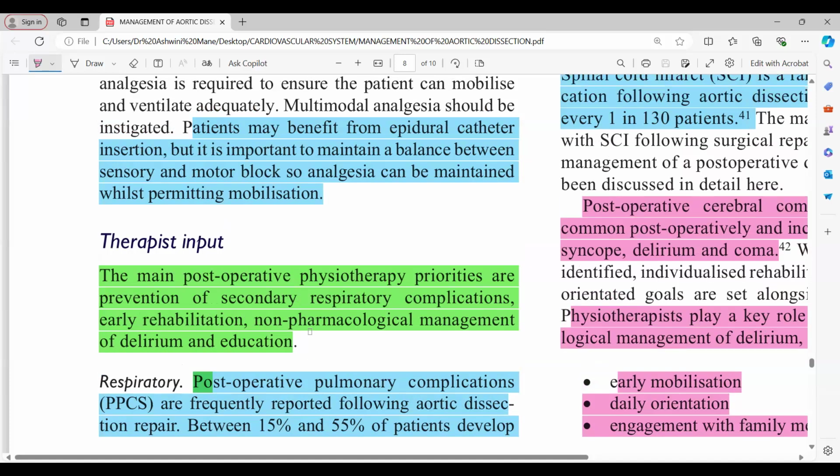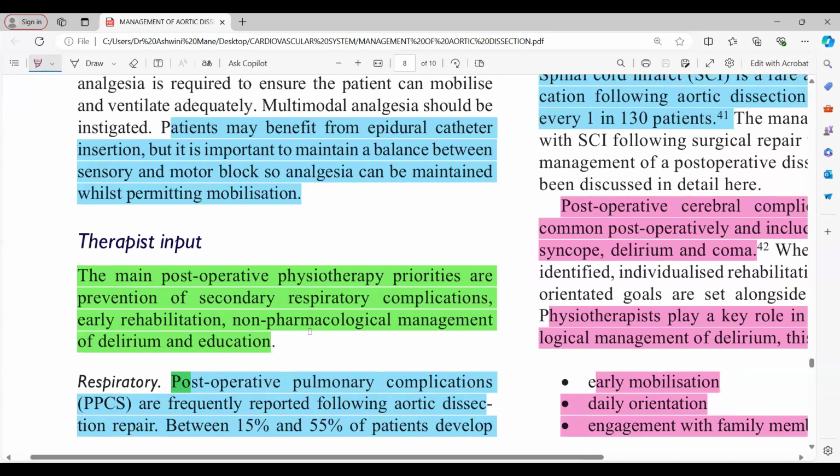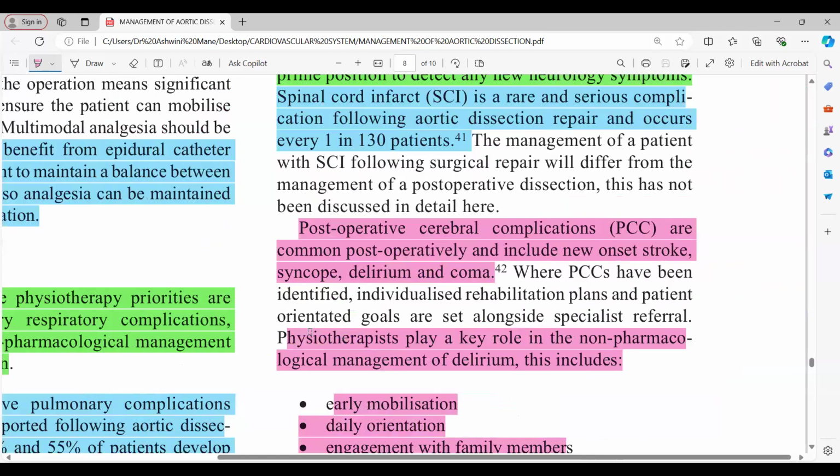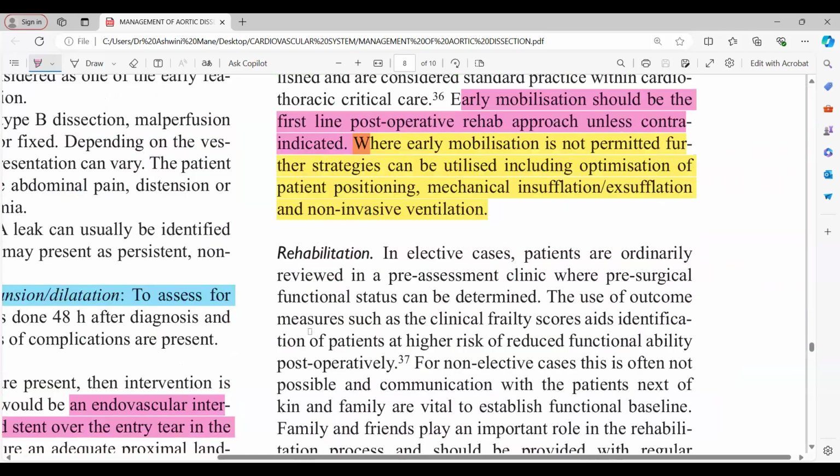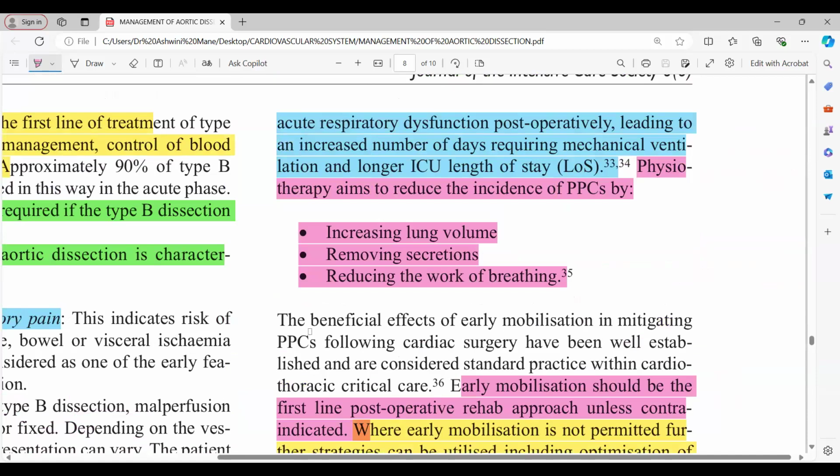Post-operative pulmonary complications are frequently reported following aortic dissection. Between 15 to 55% of patients develop acute respiratory dysfunction post-operatively, leading to an increased number of days requiring mechanical ventilation and longer ICU length of stay. So physiotherapy aims to reduce the incidence of these complications by increasing lung volume, removing secretions, and reducing the work of breathing.